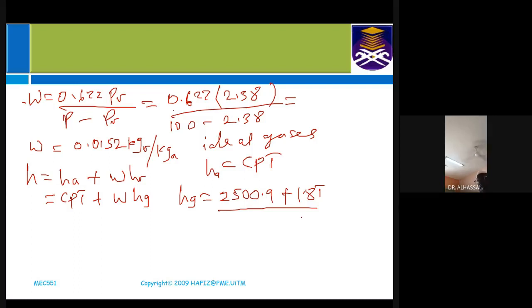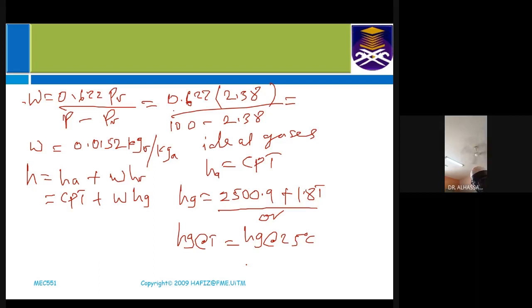So either you use this equation, or you go to the property table and read Hg at the given temperature, the enthalpy at that particular temperature. This gives us Hg at 25 degrees Celsius. If you determine it both ways, it is going to be about the same.